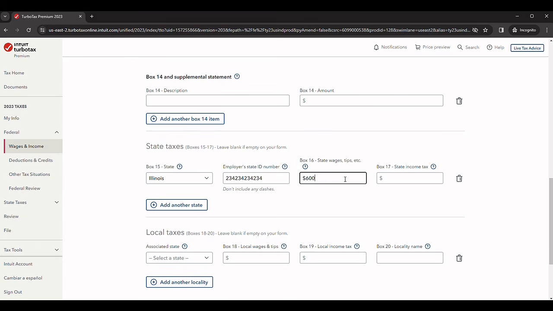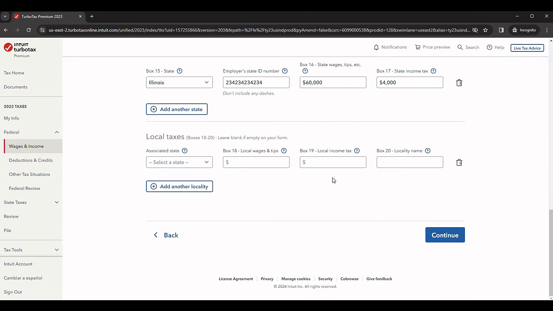State wages, let's just say all our income was earned in Illinois, so 60,000. How much state taxes were taken out of your paycheck? Look at box 17. Let's just say we want a refund, so let's just say 4,000. Okay, if you have locality taxes, let's just say you live in New York City, that's one example, then please input this information over here. So continue.